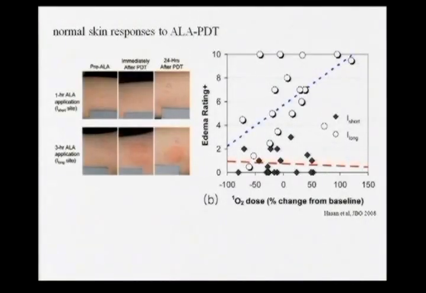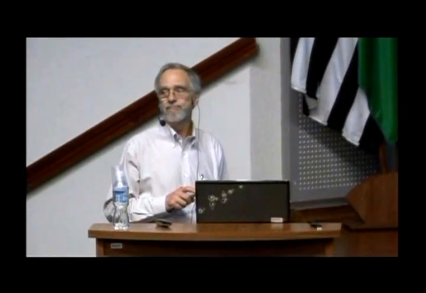There is a study in the literature from Mass General Hospital where they've measured this actually in humans with ALA, similar to the mouse experiment. And they've measured the score, the edema, versus the singlet oxygen change. It looks very nice, but I would point out, if you look at that paper in great detail, it's not clear that this is only measuring singlet oxygen.